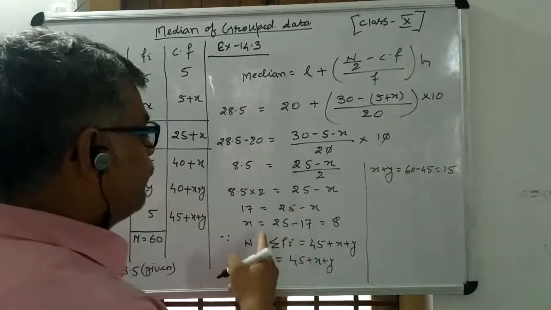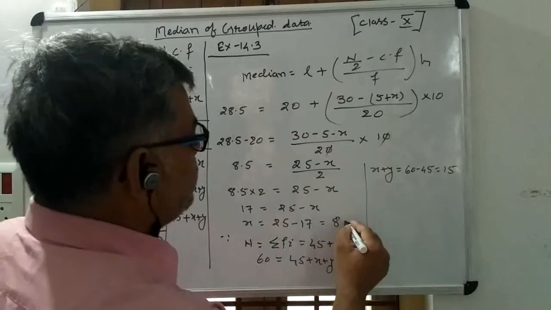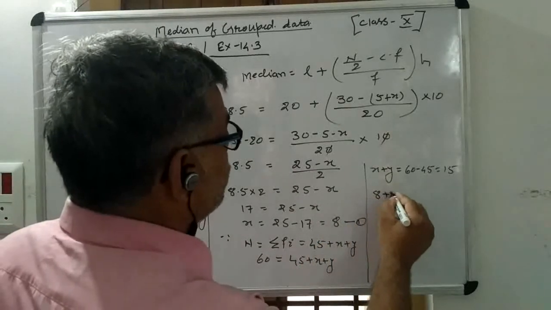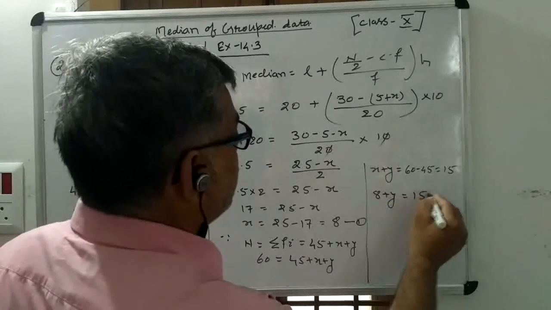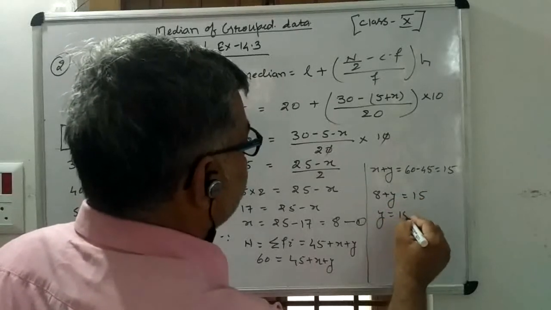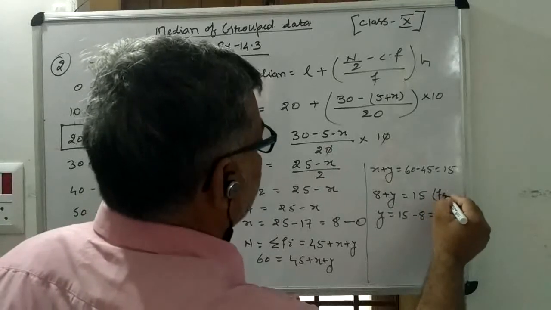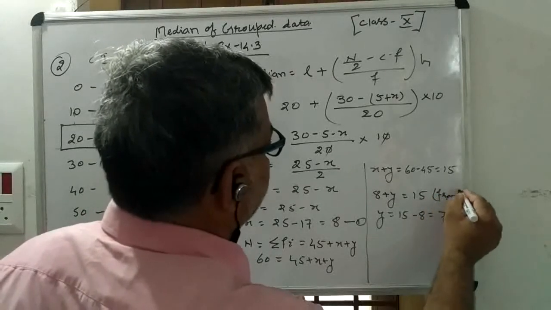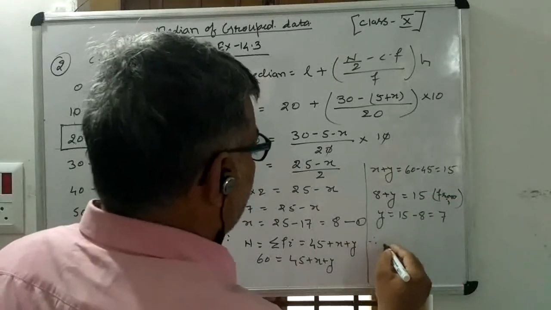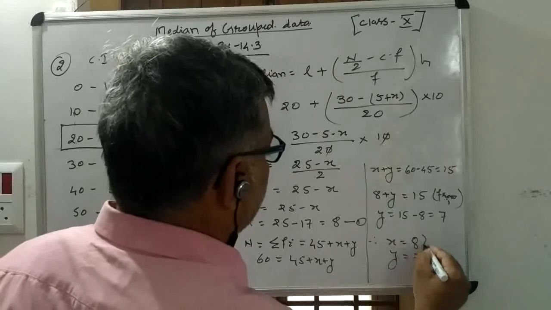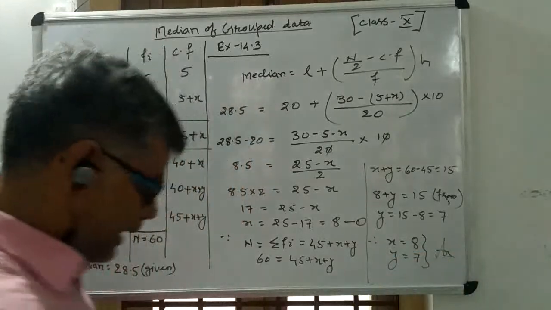You know the value of x, which is 8, so 8 plus y equals 15. So y equals 15 minus 8, which equals 7. So your required answer is x equals 8 and y equals 7.